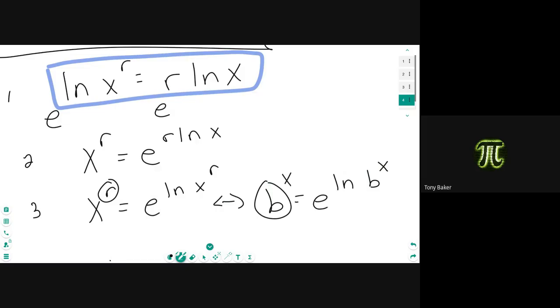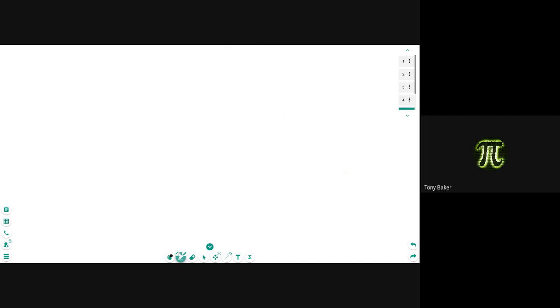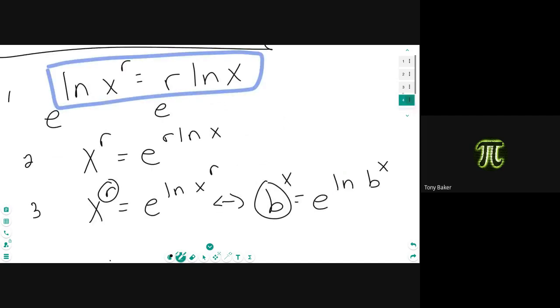So the variable's in a different spot, but those two are basically the exact same rule. Correct? Awesome. As long as everybody agrees with that. Okay. See where I'm going with this in a second.